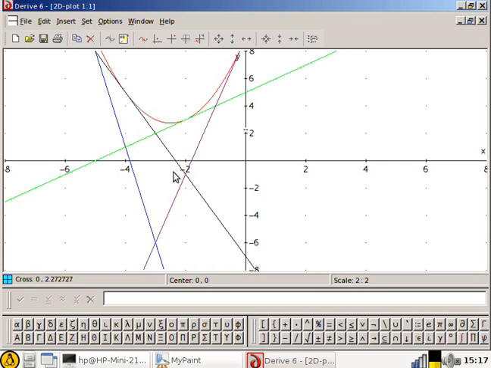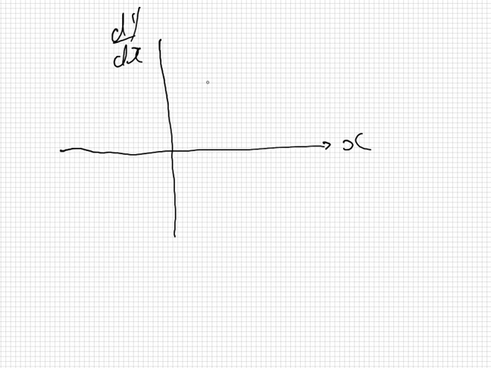But what happens when I pass minus 3? The slope is now positive. And it switched at about minus 3. So that means it's 0 here.